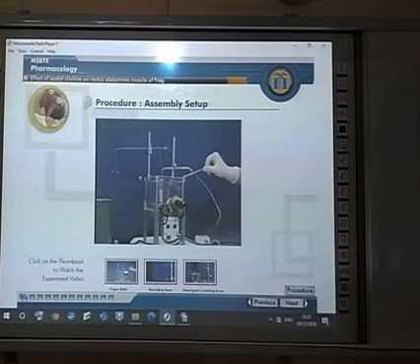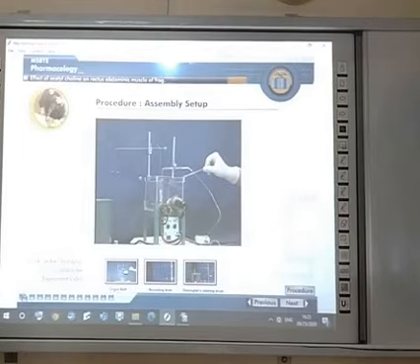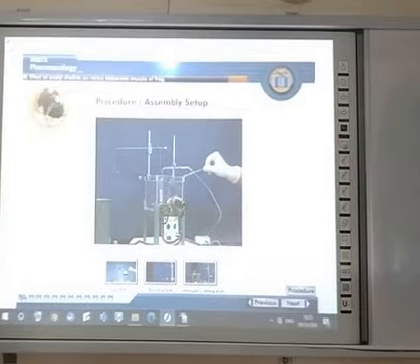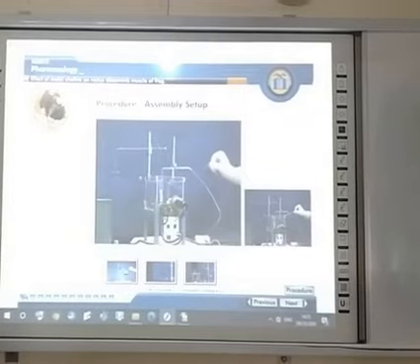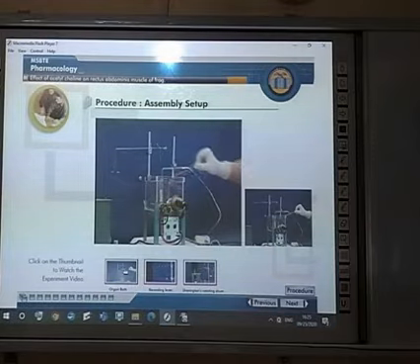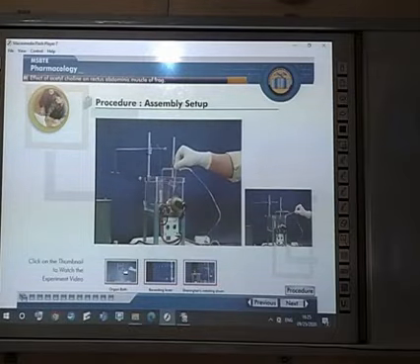The assembly setup for experimentation of frog's rectus abdominis muscle preparation consists of an organ bath. The organ bath consists of an outer jacket, which is also known as the water bath, made of steel or glass.